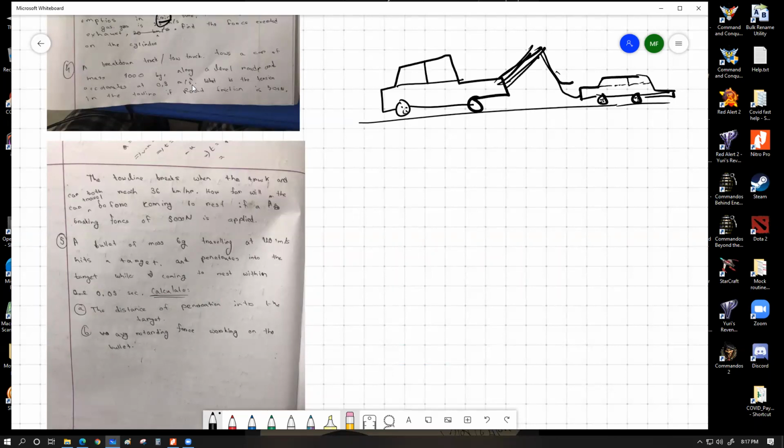The question says that it is going along a level road. Having a level road means that we don't have to bother about the component of the weight, which is very nice. And the mass of the car, this car has a mass of 1000 kg, and accelerates at 0.5 meter per second squared.